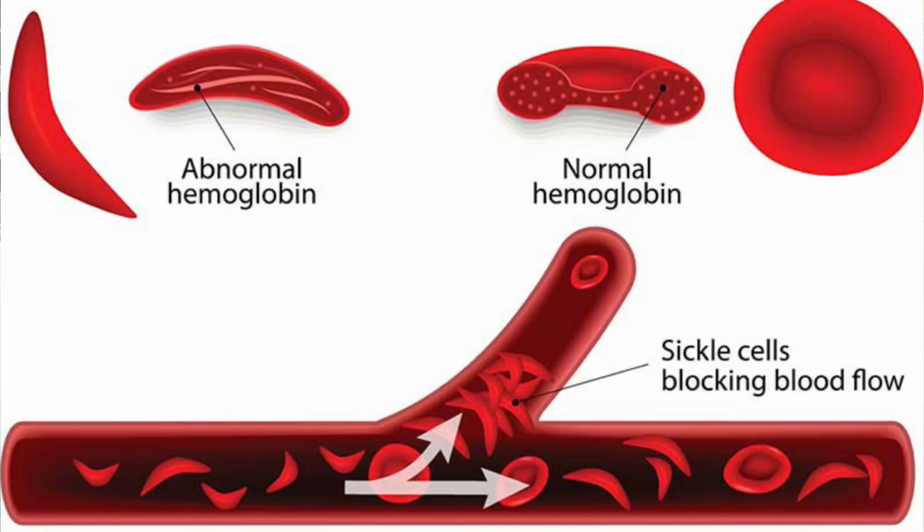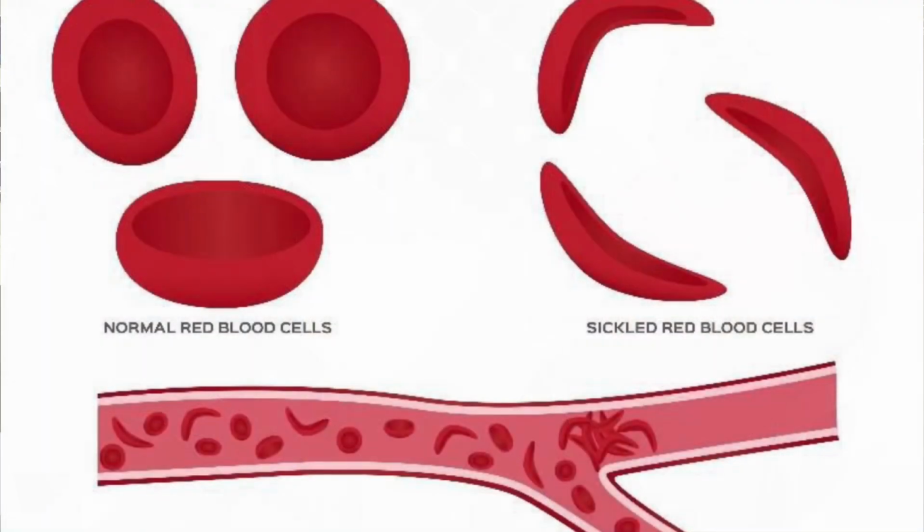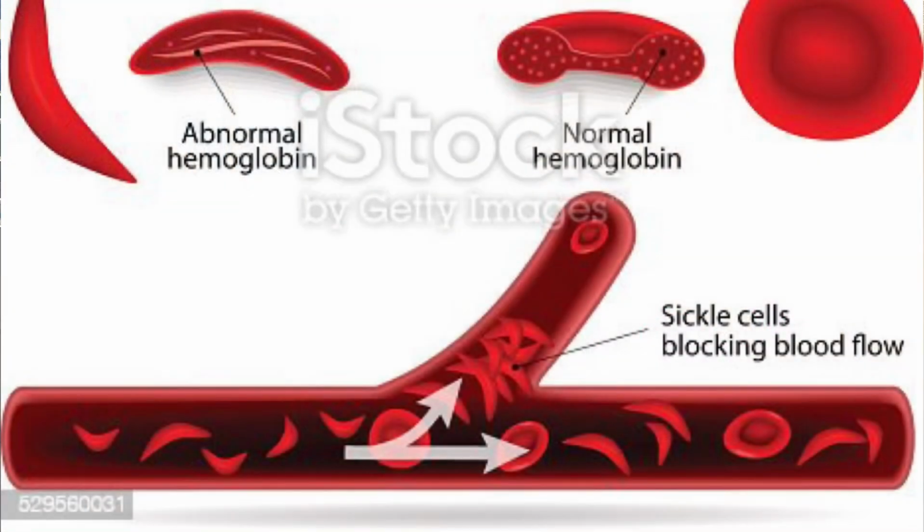For example, if blood is flowing through my arteries or veins, when it reaches a small capillary, the normal red blood cell is able to fold and bend itself because it is elastic, but the rigid, sickle-shaped red blood cell is not able to fold. So it occludes that capillary or artery, and the other side of the body is not able to get oxygen.